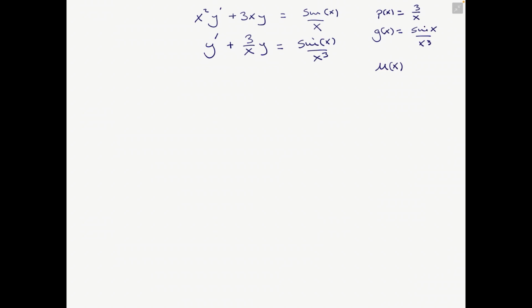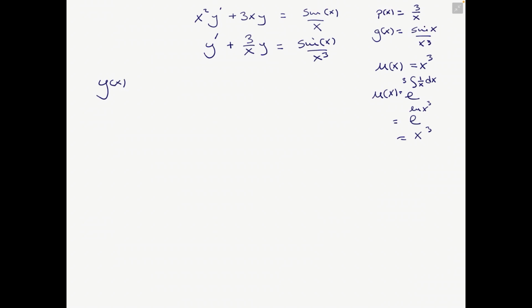Mu of x, you can see it is going to be x to the third. The reason for that is mu of x is equal to the exponent of the integral of 3 on x dx, and that's equal to e to the ln x to the third, which is x to the third.